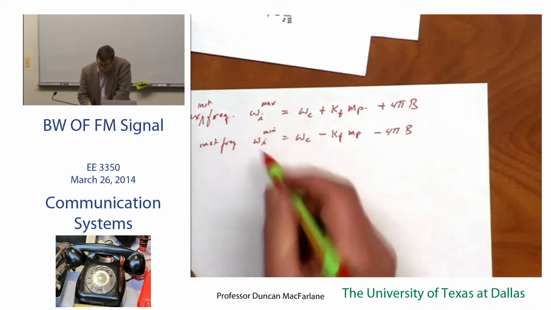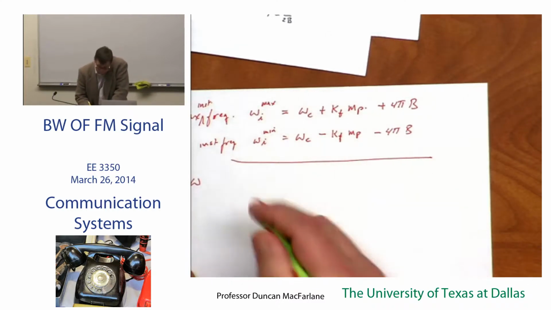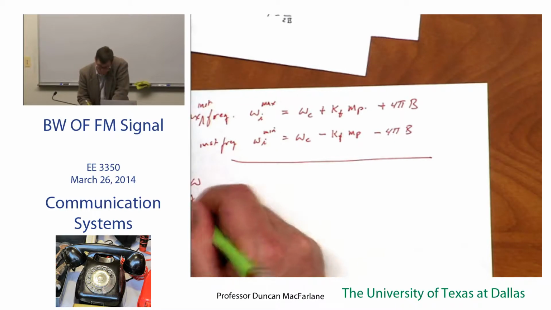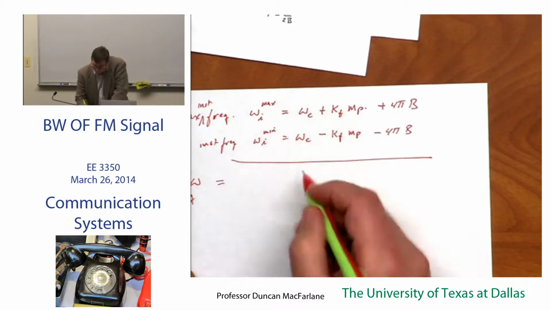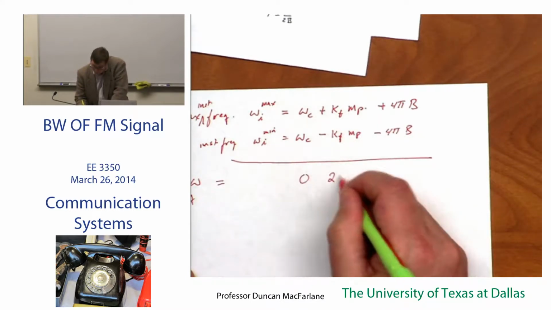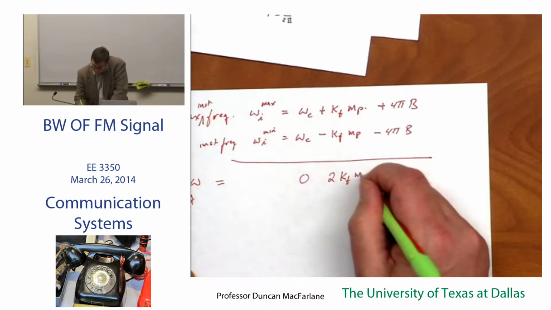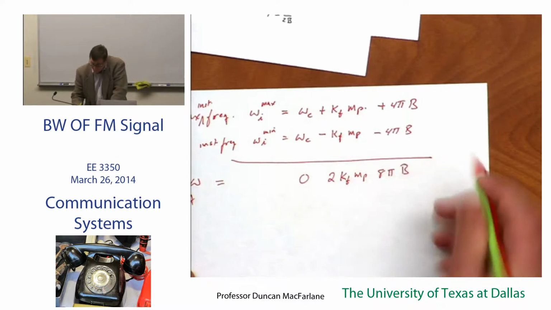And it seems to me if that's my max and that's my min, the bandwidth of the FM is going to be, cancel, 2kF, just subtract the 2kF MP. Subtract the 2 again, and that's 8 pi times B.